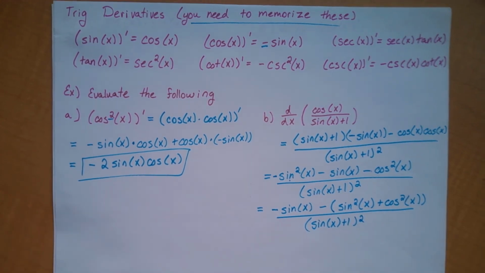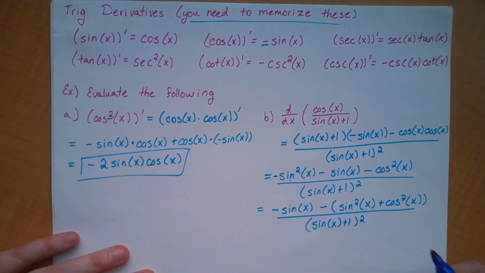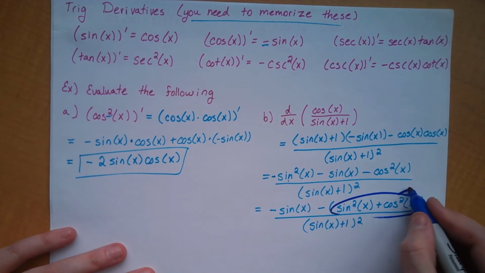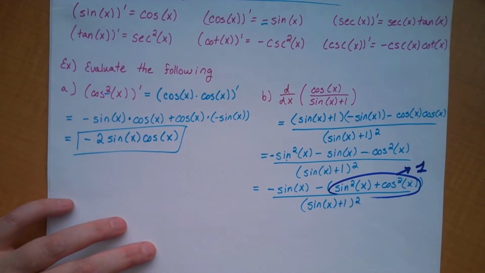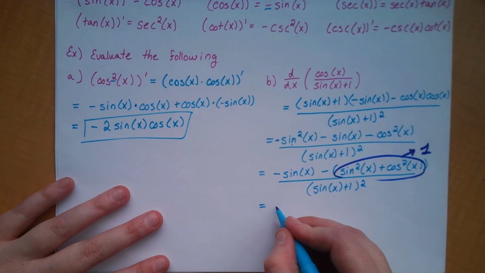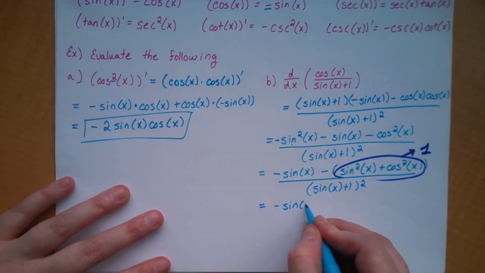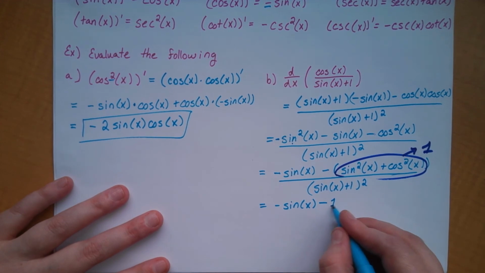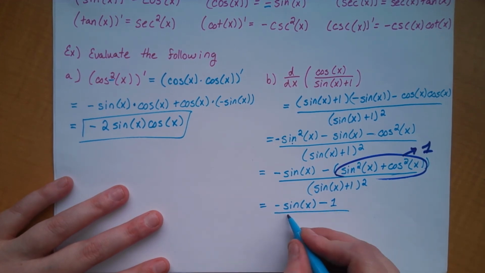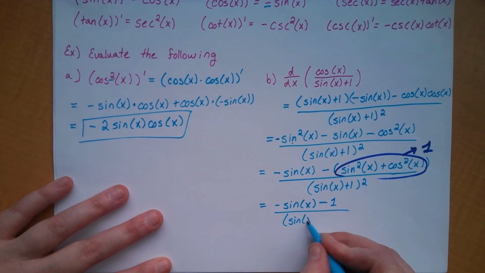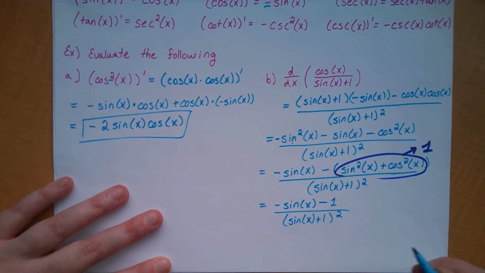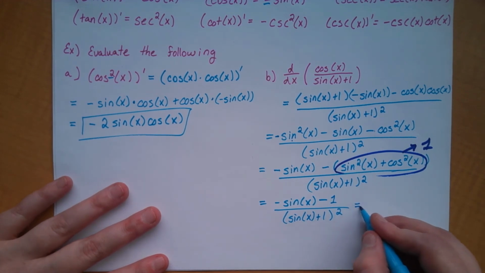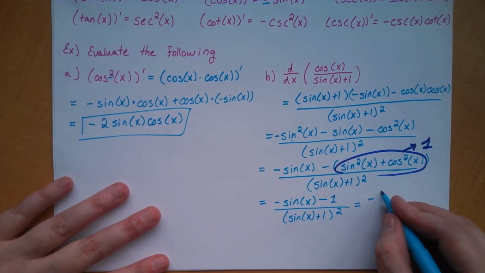Now here's the cool thing, is that sine squared x plus cosine squared x, well, that just equals 1. So I can rewrite this as negative sine x minus, well, this whole thing became 1, divided by sine x plus 1 squared. Now notice that this is a negative sign and this is a negative 1. So I can pull a negative out of these.